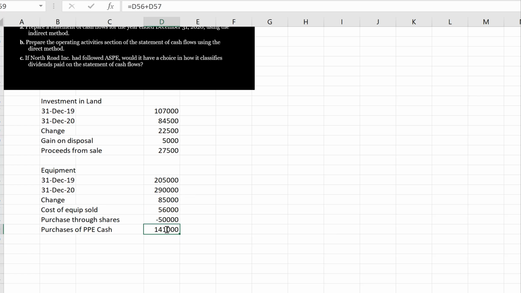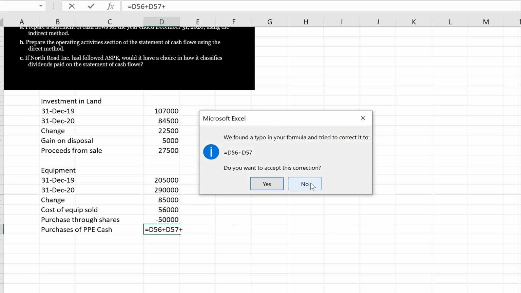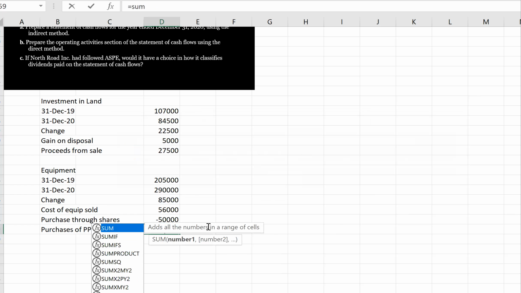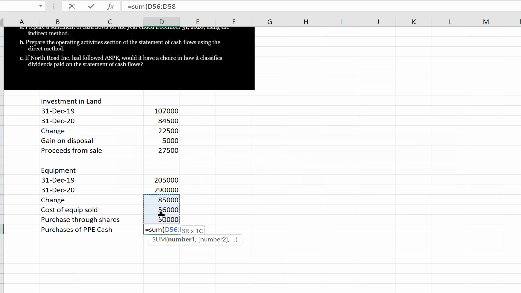Sorry, the change in this account minus the equipment sold. Oh yeah, I missed this minus 50. Okay, let's fix this. Here we go. Okay, and we've got 91,000.